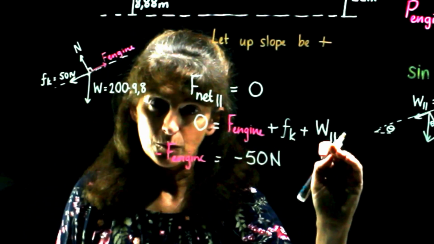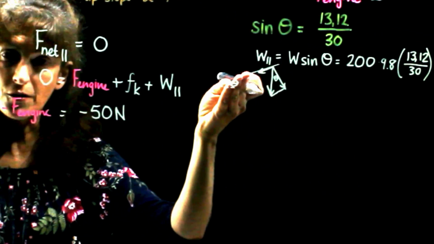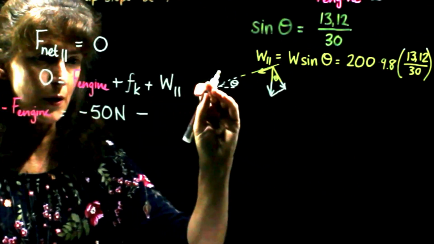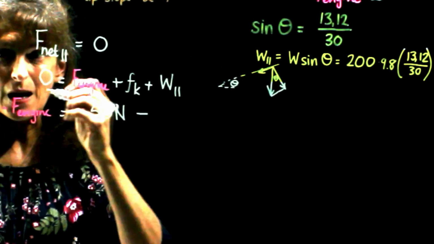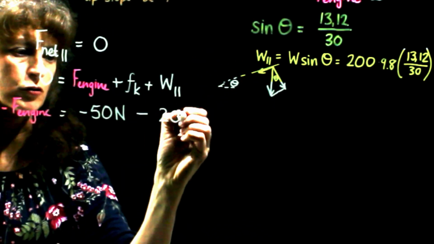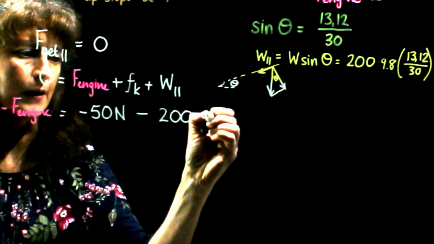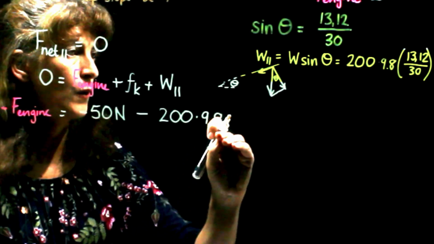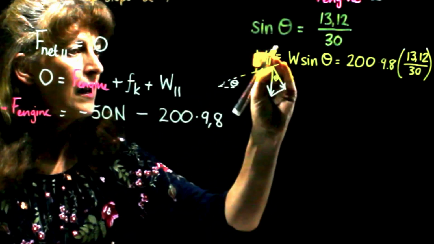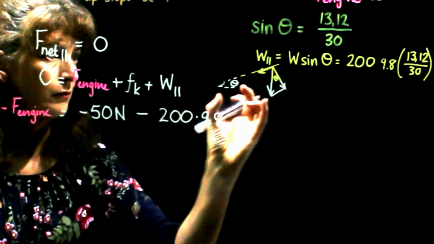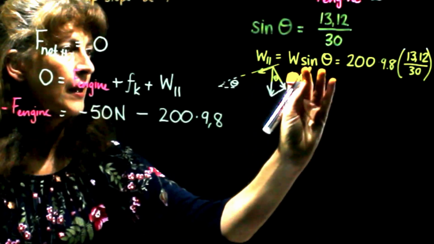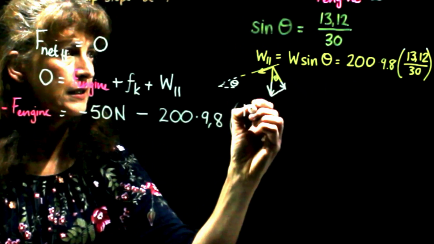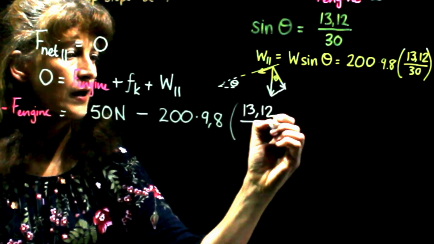And then weight's parallel component also acts down the slope, so minus. What is weight's parallel component? Well, weight is mg, 200 kilograms times 9.8 meters per second squared. And the parallel component is W, that's weight, sine theta. And we've already seen that sine theta is 13.12 divided by 30.